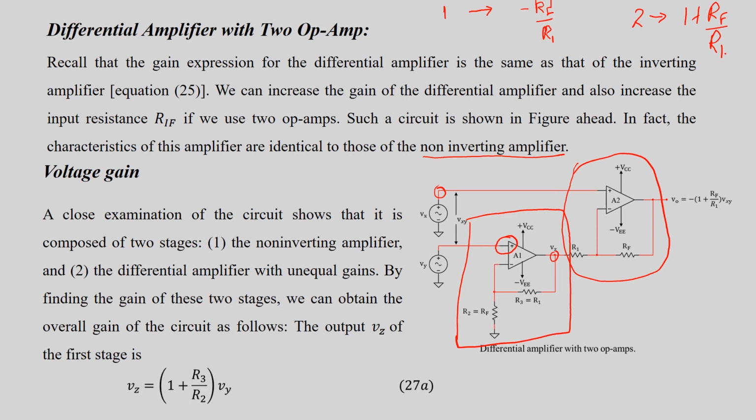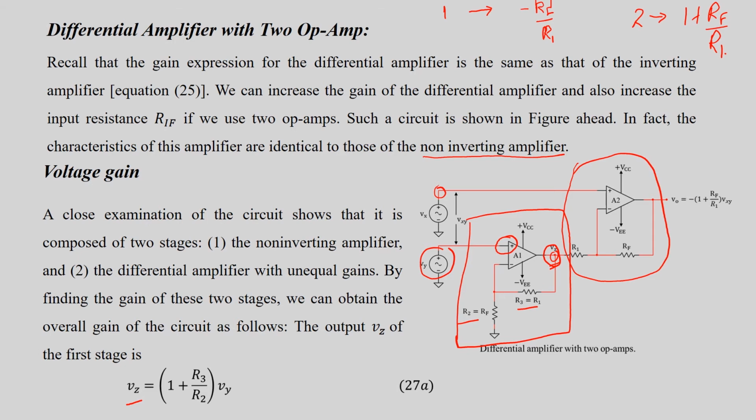Firstly, we have to find the output Vz here. Vz is equal to 1 plus R3, that is the feedback here, over R2 into Vy.